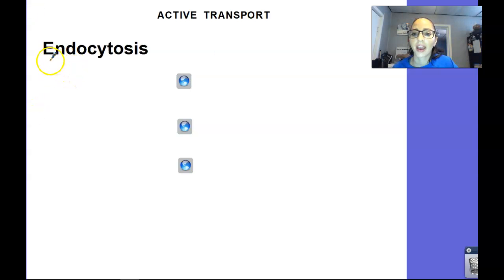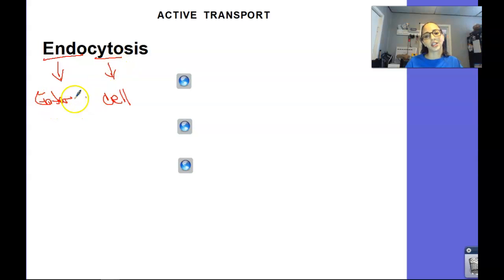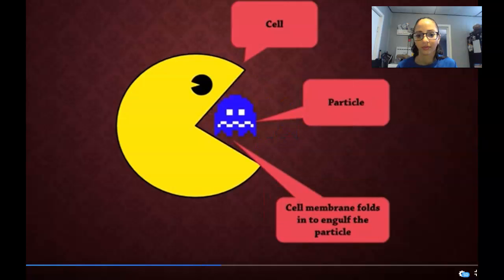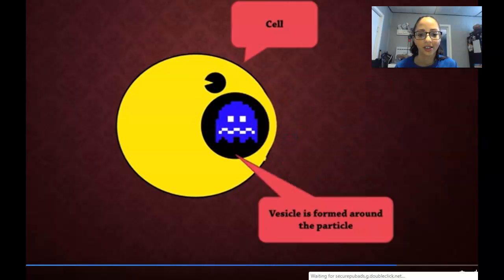Here we're going to talk about endocytosis. This is a type of active transport. So endo, we broke this word last time, but let's do it again. Endo, enter or entering the cell. Cyto, cell. So endocytosis means entering the cell. So if you see, it's entering the cell from outside.